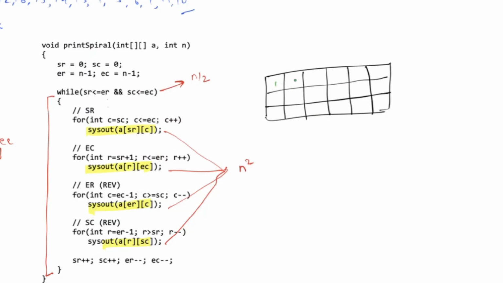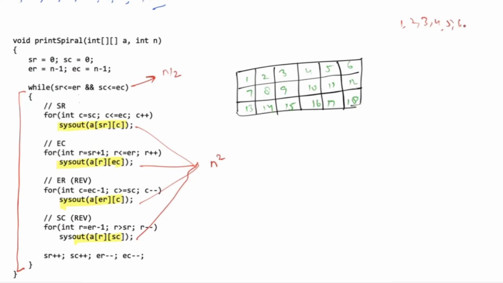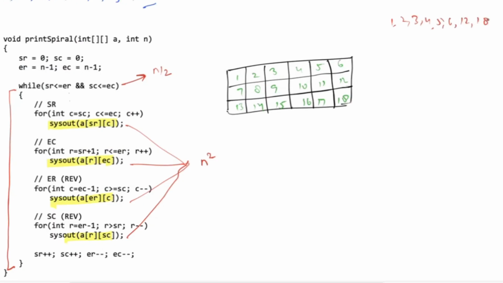So let's say we have a rectangular matrix: 1, 2, 3, 4, 5, 6, then 7, 8, 9, 10, 11, 12, 13, 14, 15, 16, 17, and 18. The expected output is 1, 2, 3, 4, 5, 6, then 12, 18, then 17, 16, 15, 14, 13, 7, 8, 9, 10, 11.